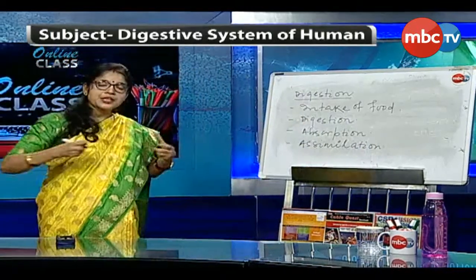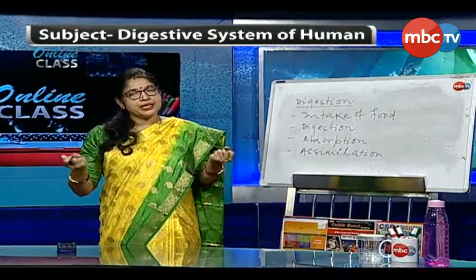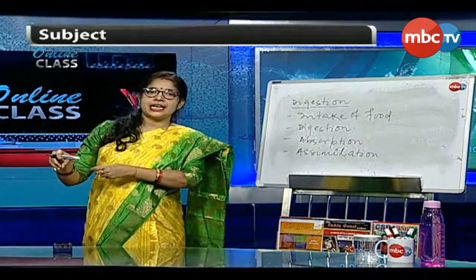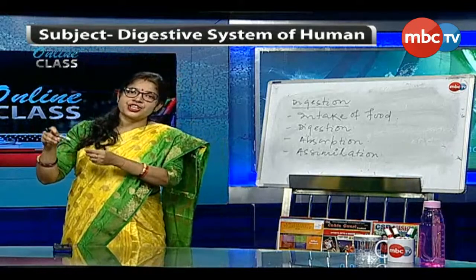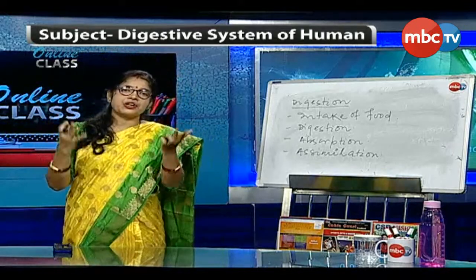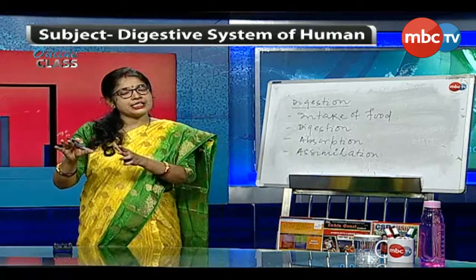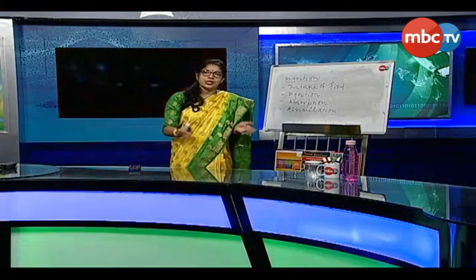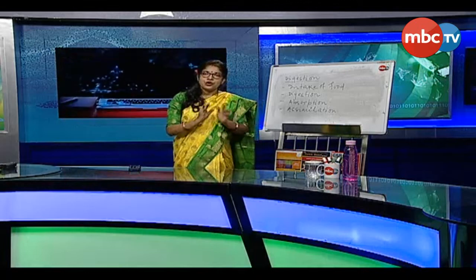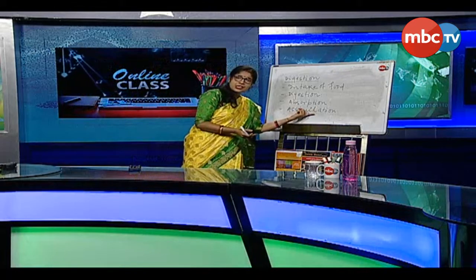Assimilation means after the absorption of the food material, it is carried through the blood, and that will enter into the cell, and the cell which contains the oxygen, when the foodstuff reaches that area, that will get oxidized and liberate energy. That energy is utilized for all the metabolic activities, for growth, for the repair of the lost part. All are provided by the nutrients present within the food material. That is known as assimilation.